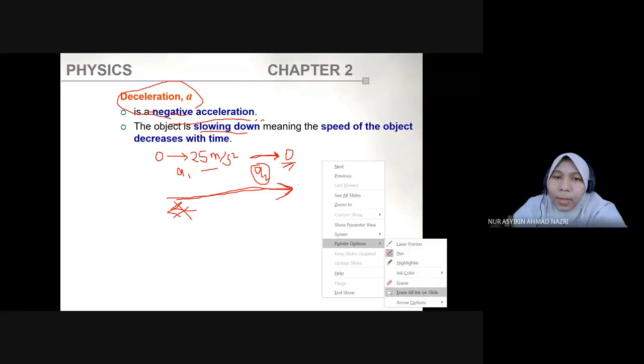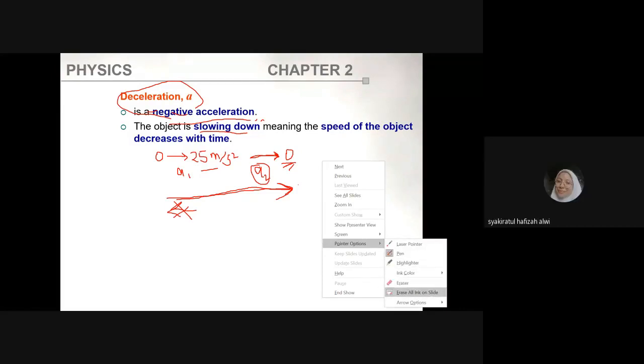Madam, nak tanya dalam slide yang kita dapat dalam pre-recorded lecture video tu, dia kata deceleration tu maksudnya objek tu slowing down bila velocity dengan acceleration tu opposite direction. So contohnya velocity bergerak ke kiri, acceleration tu bergerak ke kanan. Itu objek tu slowing down.